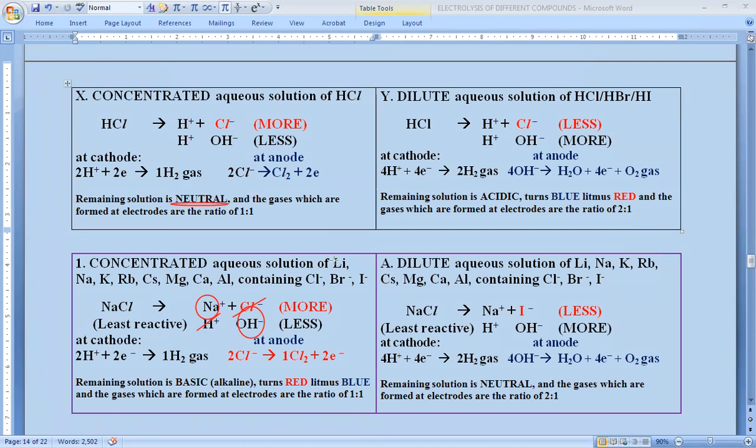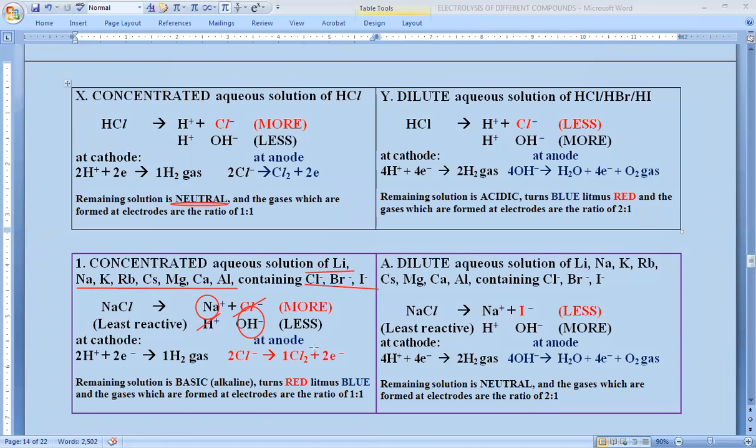But if the solution contains lithium chloride, sodium chloride, potassium chloride, bromide, iodide, if these metal ions are there, they are never discharged at the cathode, but hydrogen gas is obtained. If these salts contain negative charge chloride, bromide, or iodide, then these ions travel towards the anode, the positive plate, because they are more in number compared to the hydroxide ions, which are less in number.